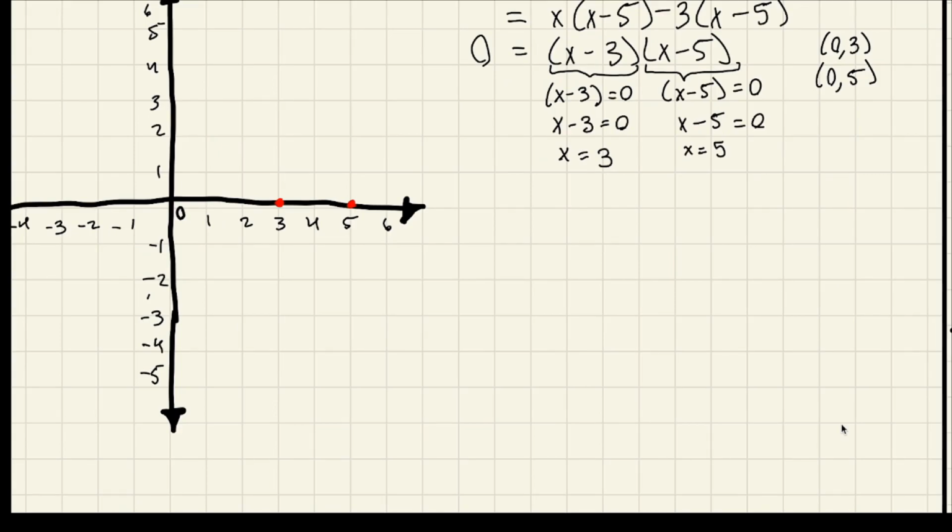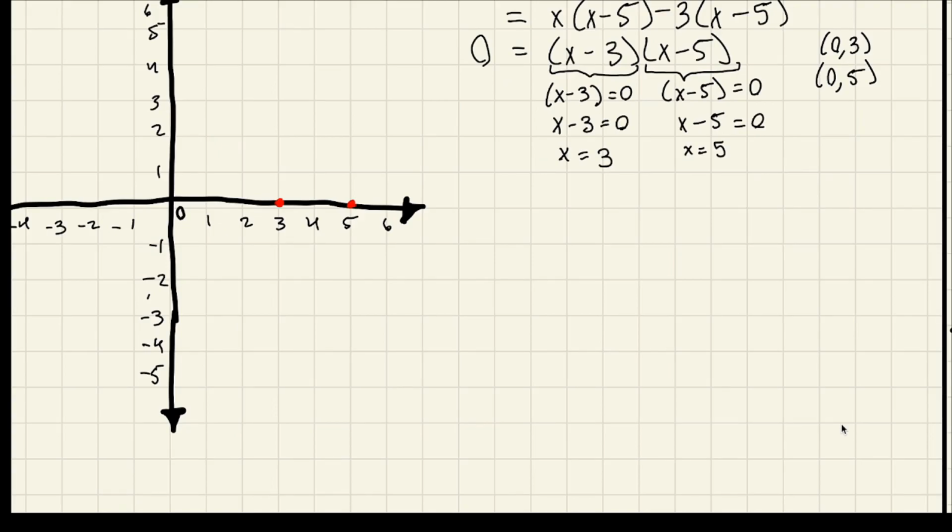Now, we are only given 2 points, right? The two x-intercepts, those count as points. So what you do now is, since we know that a parabola is symmetrical, that means if we cut it in half, exactly in the middle, we are going to get the x value of our vertex, right?